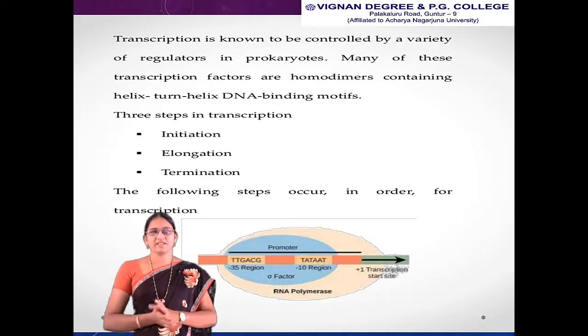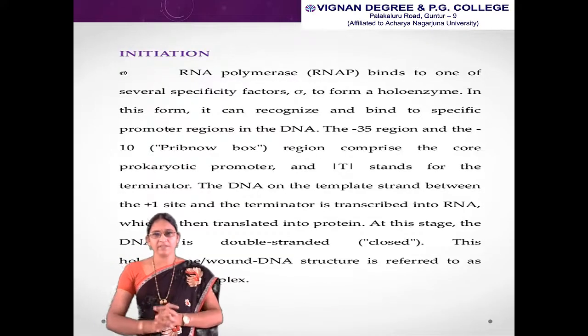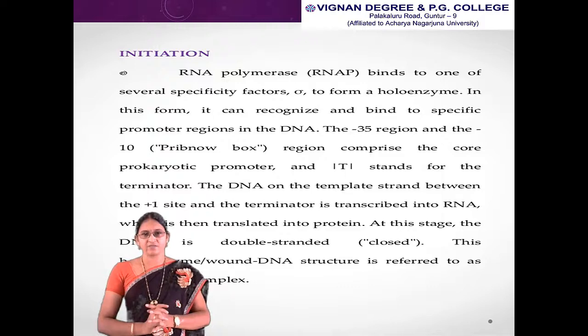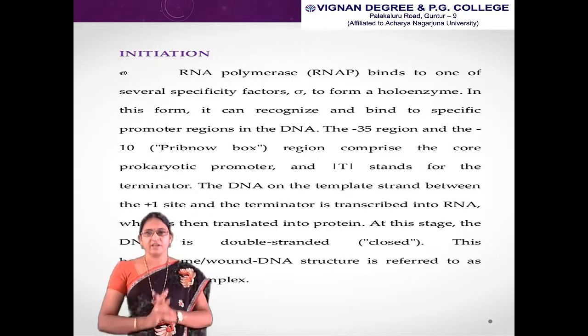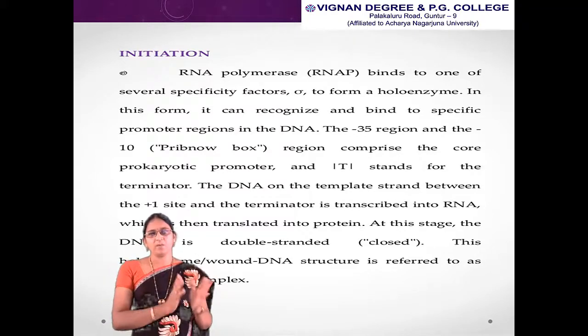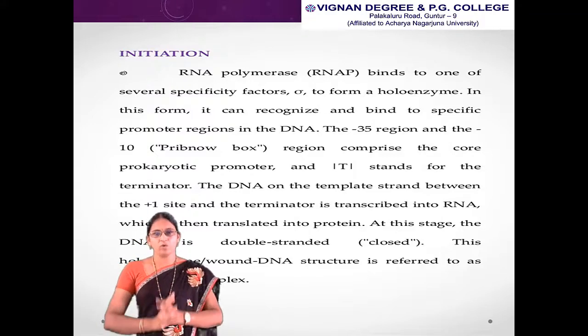Here we have to discuss many points during the initiation process. RNA polymerase binds to one of several specificity factors. One of them is sigma factor. In the last class we discussed sigma 70 and sigma 54. So they are known as specificity factors. RNA polymerase can bind to the specificity factor sigma to form a holoenzyme.